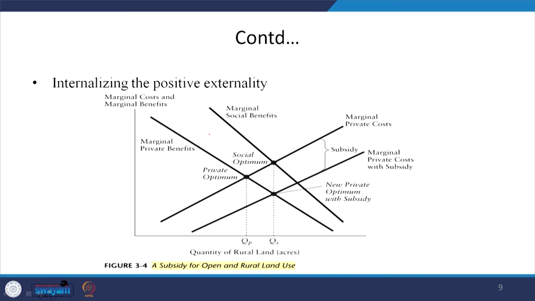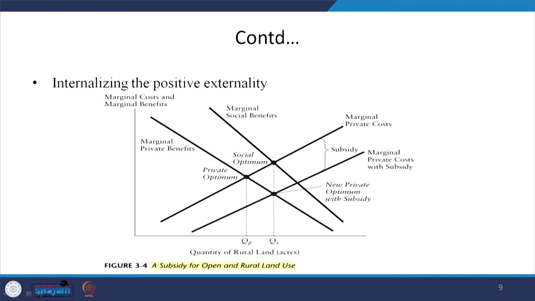Now, initially we can see that the optimum level of output is achieved at the point where the demand curve intersects the supply curve, and at this point quantity and market price are determined.